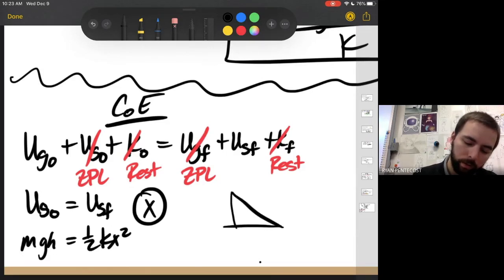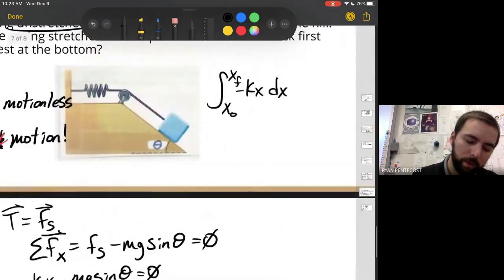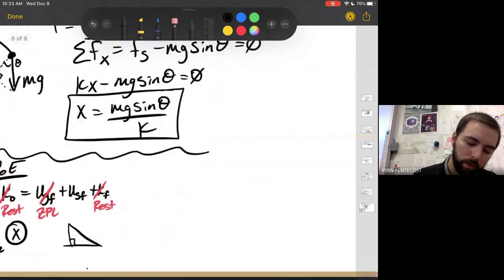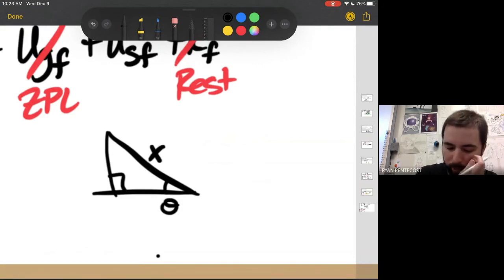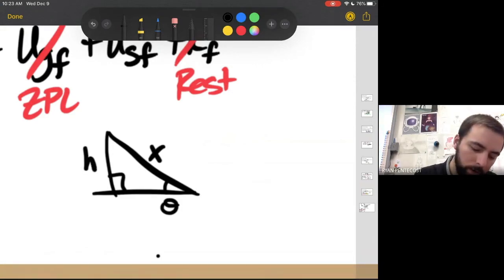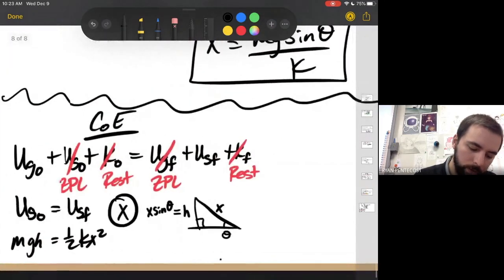Right, so let's look at this. Our theta is actually defined for us. It is relative to the horizontal. So this is our theta. Let's say it drops this distance x. That means our height over here would be x sine theta. So let's substitute that in for our h.